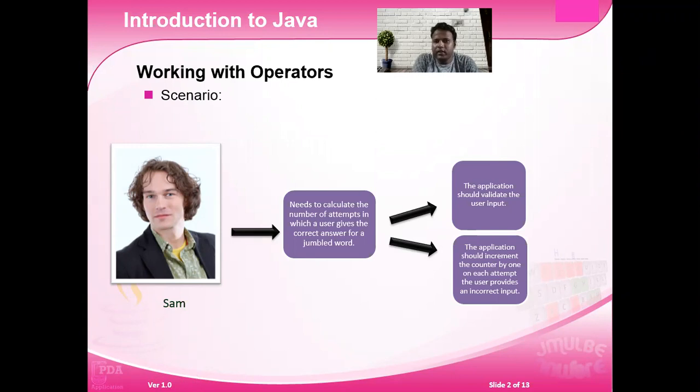In that scenario, the application should validate whether the user input is correct or not. The application should increment the counter by one on each attempt where the user provides an incorrect input.